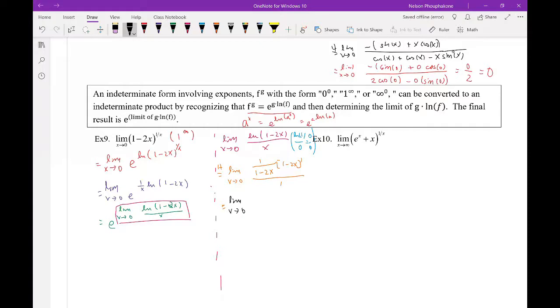So I will have negative 2 over 1 minus 2x. Then now, if I do direct substitution, my answer will be negative 2. Then, of course, in this case, my answer will be e to the negative 2.